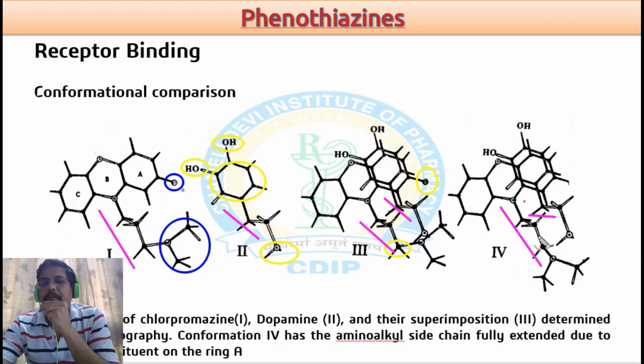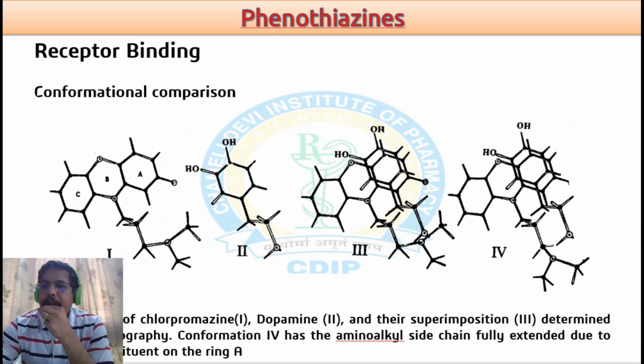So definitely the second position unsubstituted derivative deviates from the activity as compared to the second position electron withdrawing substituent derivative.